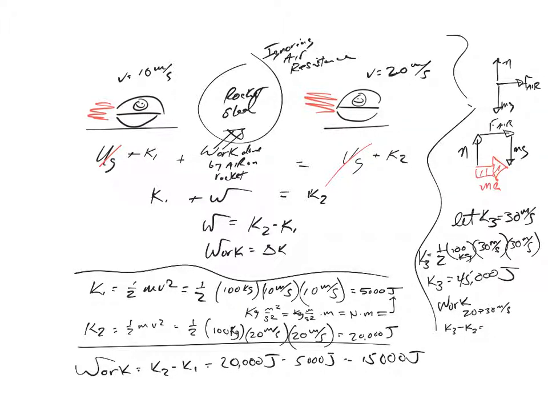Is that K3 or K2? The work. That's 45,000 joules minus 20,000 joules. And that means the work to go from 20 to 30 meters per second was 25,000 joules.